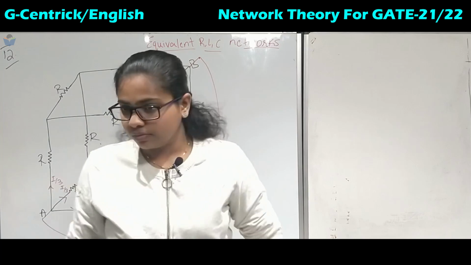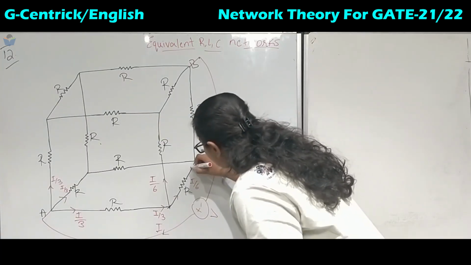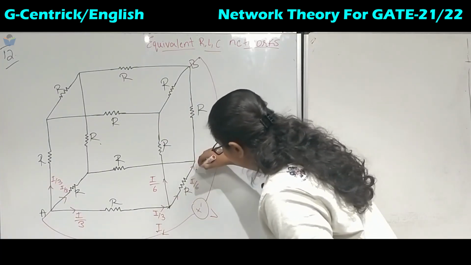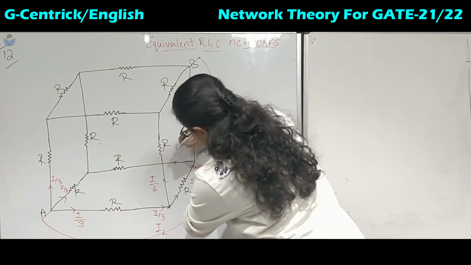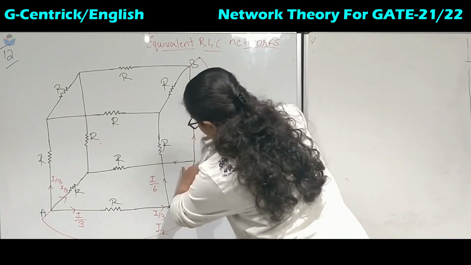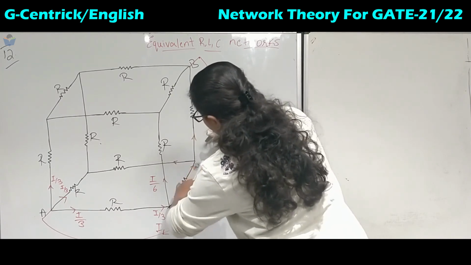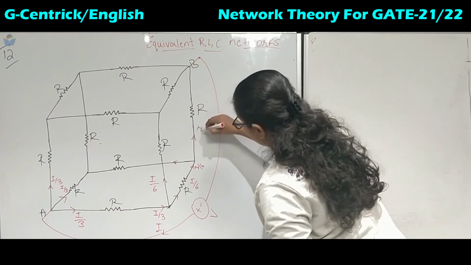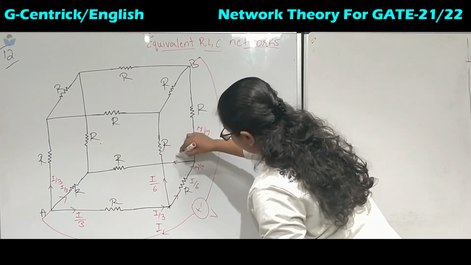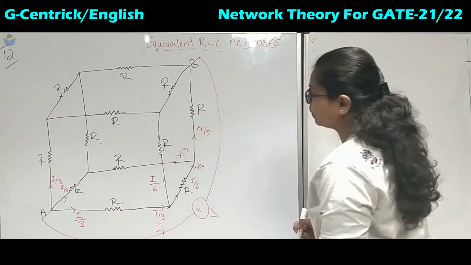Moving further, from this branch I by 6 is moving, and it again gets divided. It moves in this way and again in this way, so it is I by 3 here, and here also it will be I by 3.